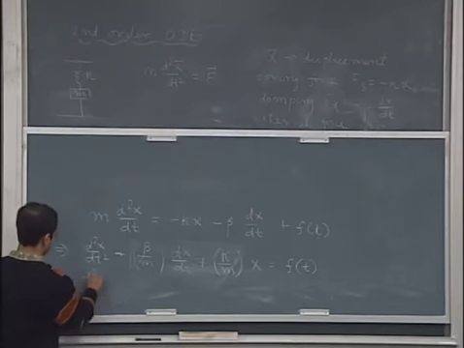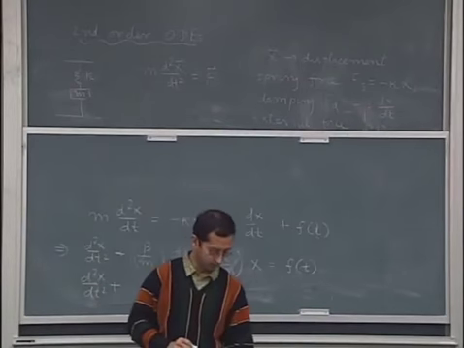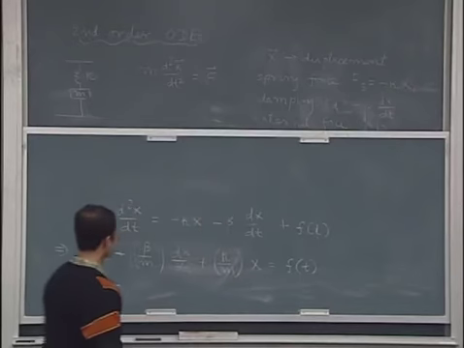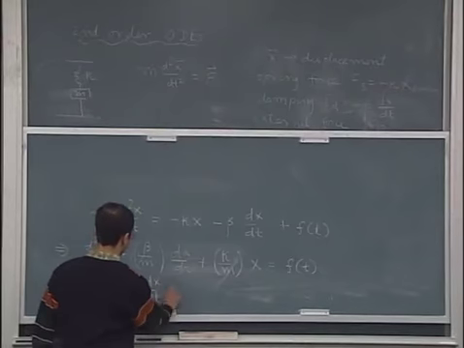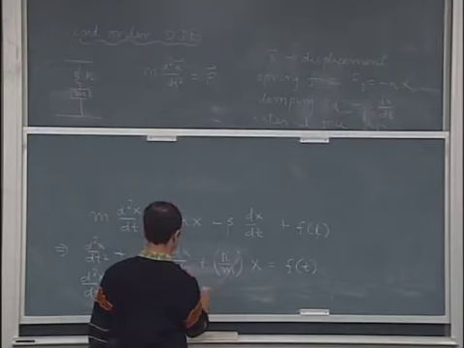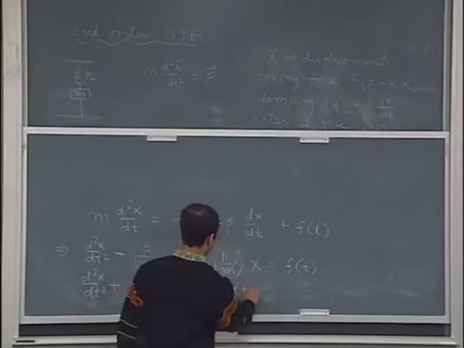Now I can write this d2x/dt2 plus, let me see the notation I used here, b dx/dt plus cx equals F(t).